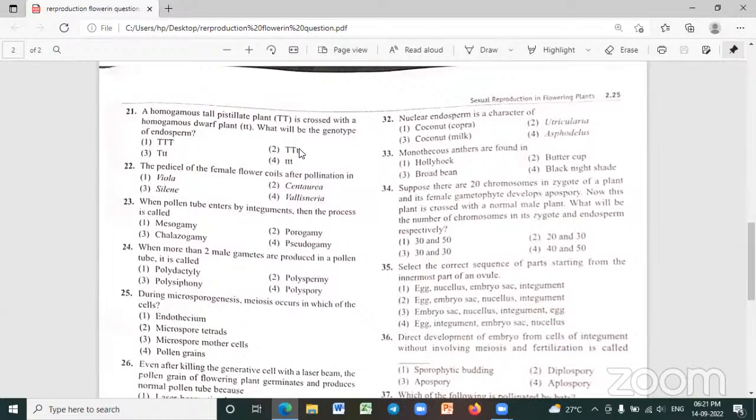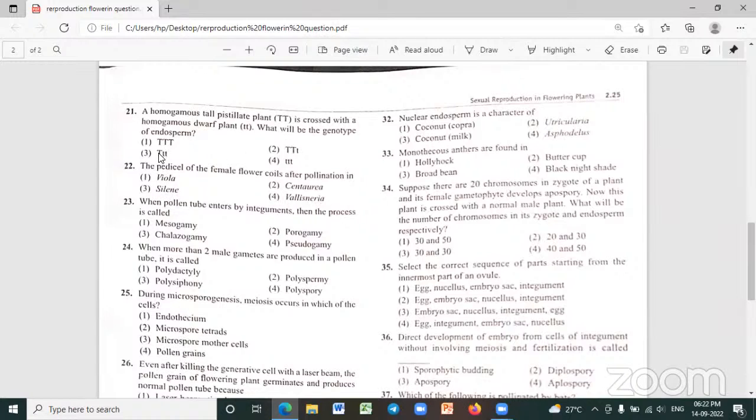And this is possible 100% because both characters will be expressed here at the same time. The endosperm consists of two things, tall as well as dwarf, but which is expressed? Tall characteristics.